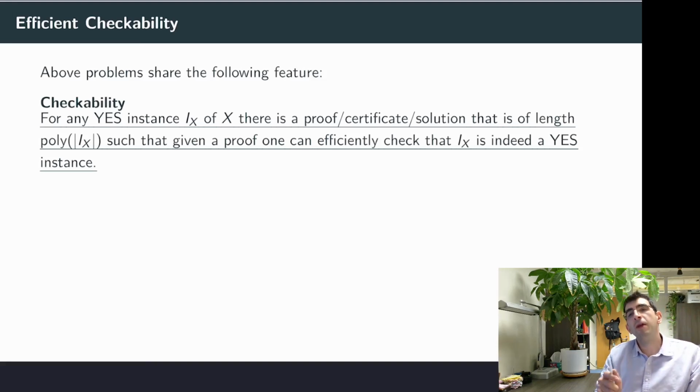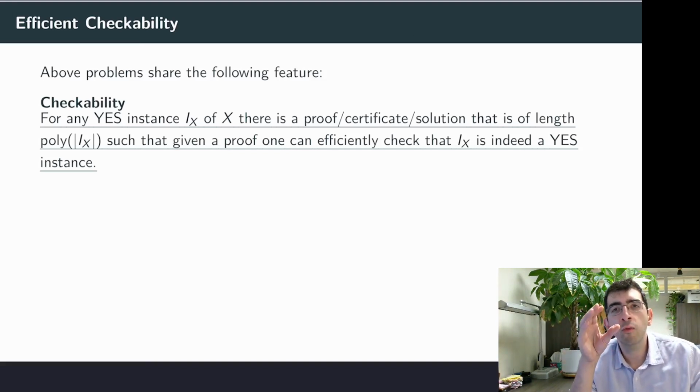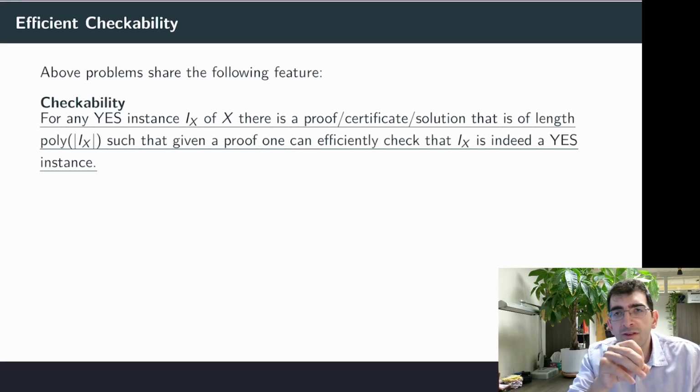So we need to be able to show that there is some output by the non-deterministic Turing machine that a deterministic Turing machine can check in polynomial time. That's the most fundamental part of algorithms. You need to be able to output a solution, and the solution needs to be able to be checked.